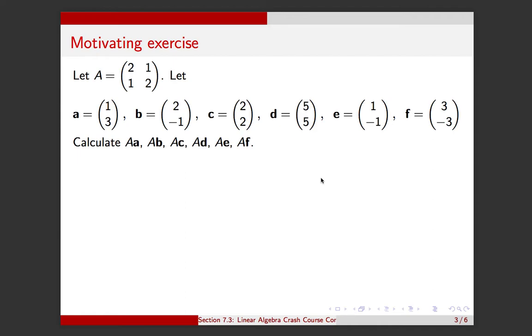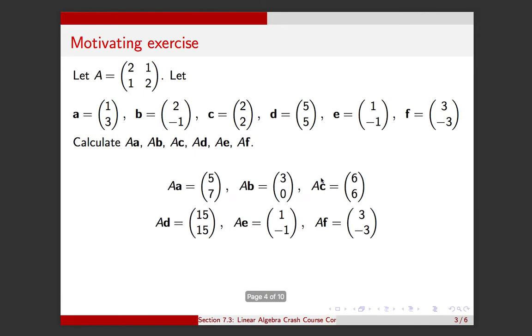All right, assuming you're back, partially I wanted you to do those multiplications just to have some extra practice with multiplication of matrices. Here are the results. So if you feed little a into big A, you get 5, 7, that vector. Feed little b in, you get 3, 0, and so on. Notice that the output here, this 5, 7, and the input 1, 3, don't have much relationship to each other in any meaningful sense.